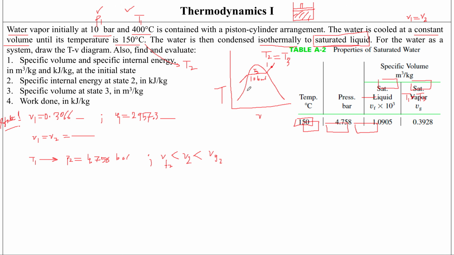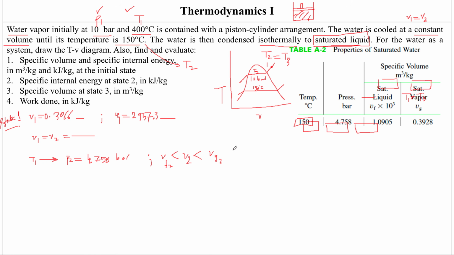then just look at it on this diagram. I'm at a constant pressure curve, and this is giving me the temperature. The temperature over here is 150 degrees Celsius, and the constant pressure is 4.758 bars.